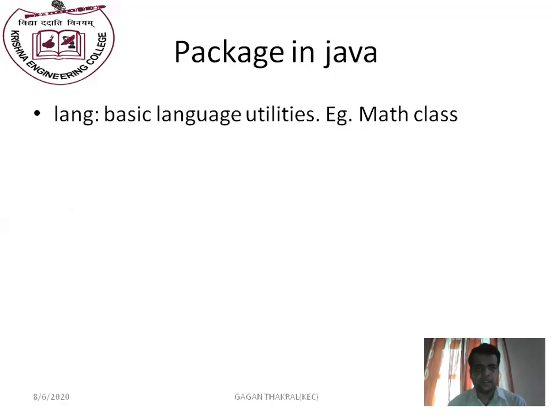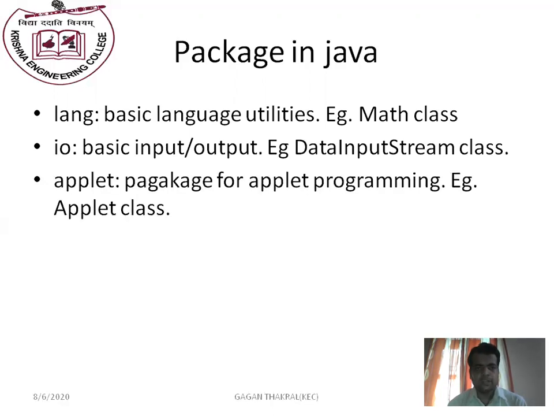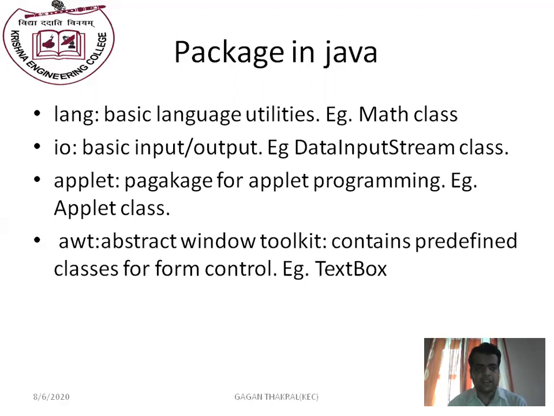There are some examples. Lang package, basic language utility. Example is the math class, which we already discussed. IO package, basic input output package. Example, data input stream class, buffer reader class. Applet package for applet programming. Example, applet class. AWT, abstract window toolkit, contains predefined classes for form control.